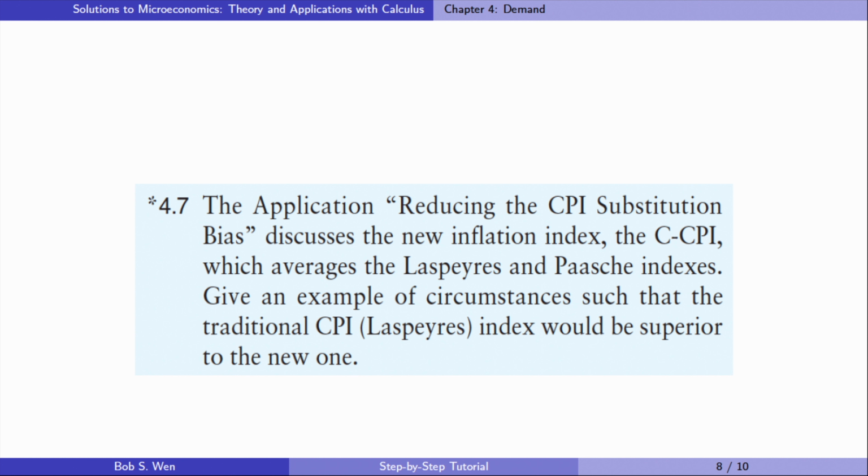When there's no substitution effect of the price change, the traditional CPI index is the true cost of living adjustment measure. It's better than the new one because the average of the Laspeyres and Paasche indexes involves more data collection and computation.